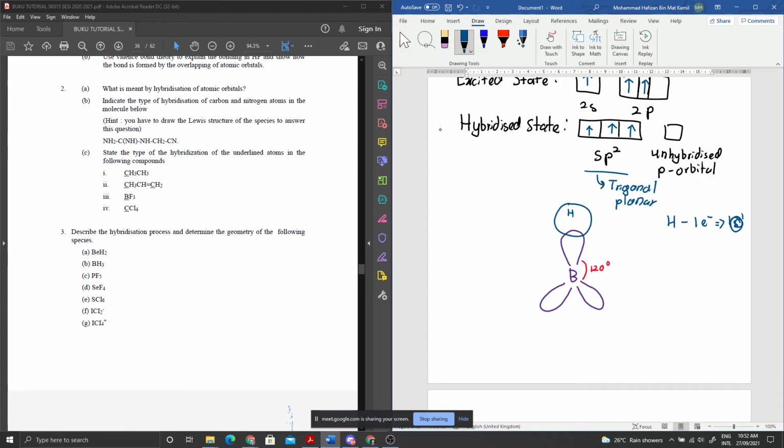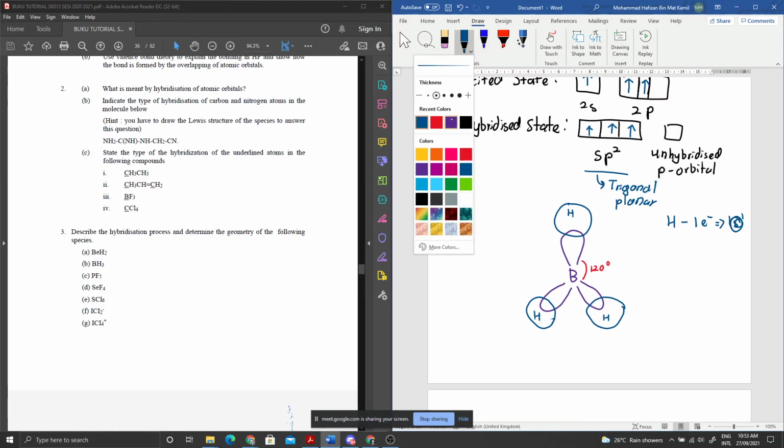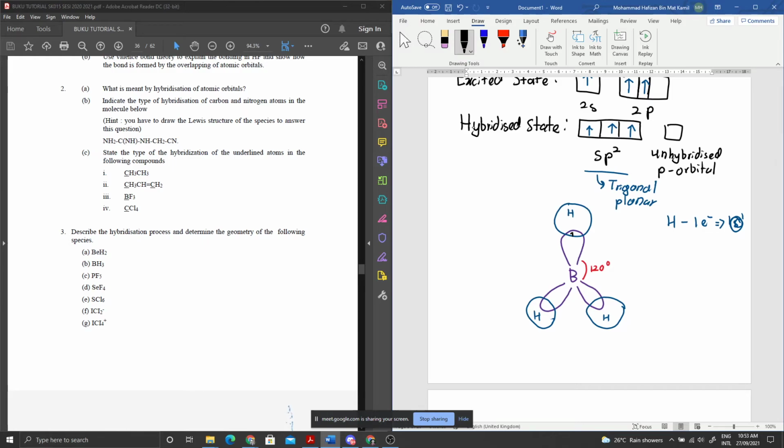Kalau boleh dalam exam you lukis besar. So dekat this overlap ni banyak sikit ruang you nak draw the electrons. So like that lah. Hydrogen and then hydrogen. Okay, so that you can draw electrons yang overlap dekat dalam tu.